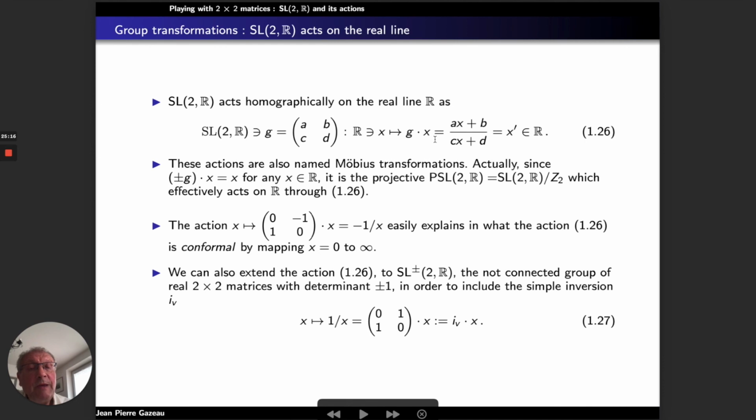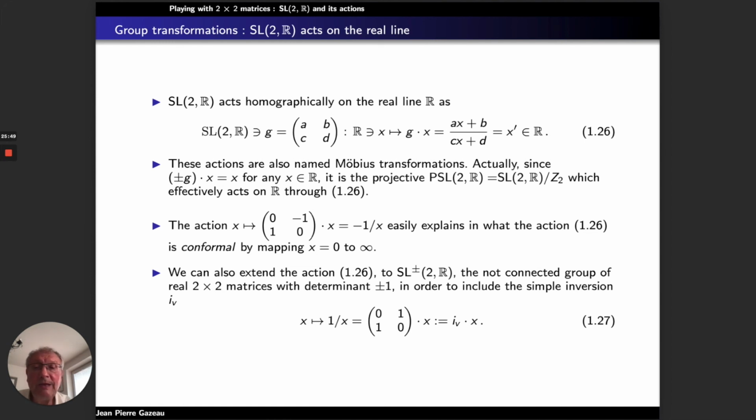And this new element is a ratio of ax plus b divided by cx plus d. And that gives you a new element of the line. But of course, this element can be the infinite element. Why? Because this expression can be zero, depending on the matrix you use, and depending, of course, on the point from which you start.